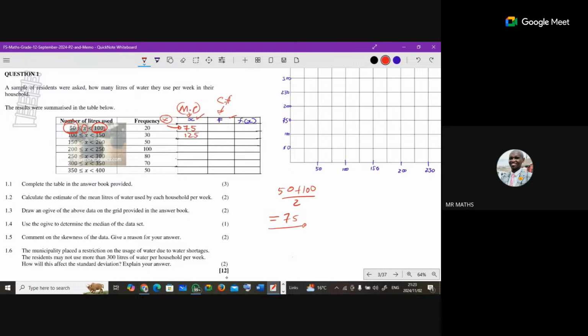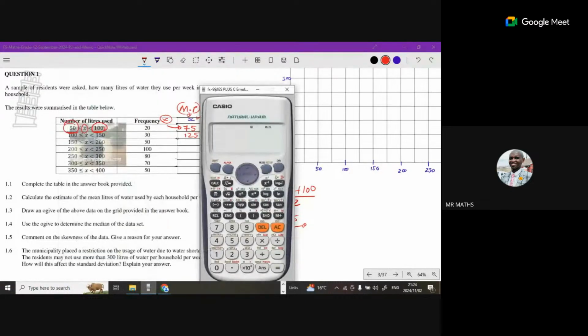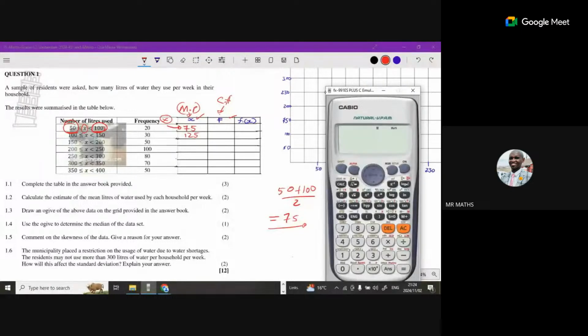But because of time, instead of uzocalculate apha ecaleni, what you can do, sinento kuthiwa yi-width ye-grouped data. Intoni width ye-grouped data? Yi-difference between i-maximum ne-minimum. Ngu-50.